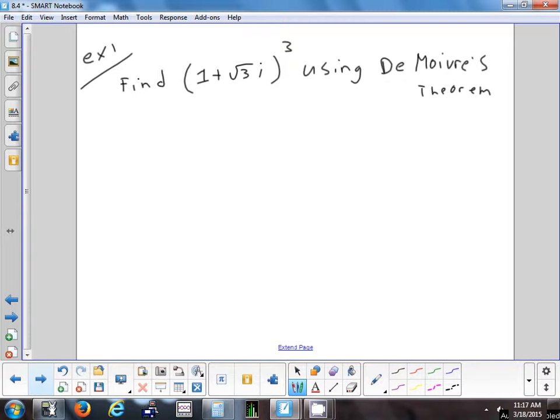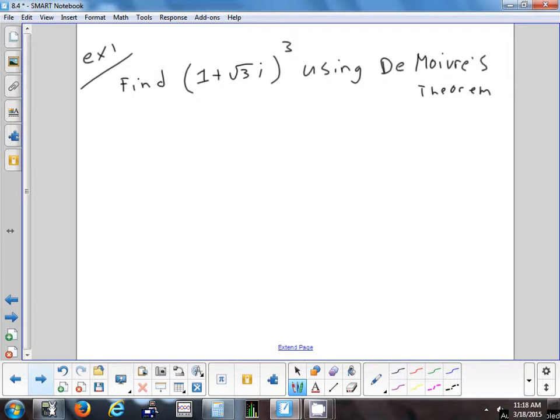So this one's kind of on the border, whether or not we use DeMoivre's theorem, but let's try it. It's 1 plus root 3 i, cubed. I want to cube that using DeMoivre's theorem. Now, before I can even use DeMoivre's theorem, Alex, what's the very first thing I've got to do with 1 plus root 3i?